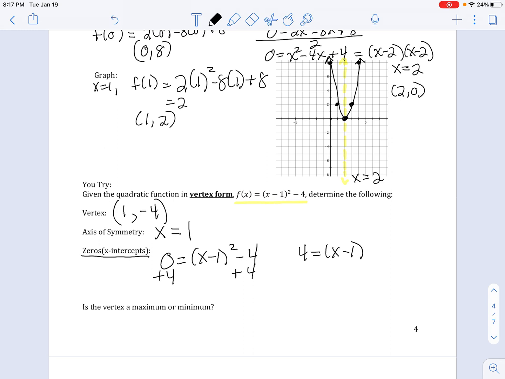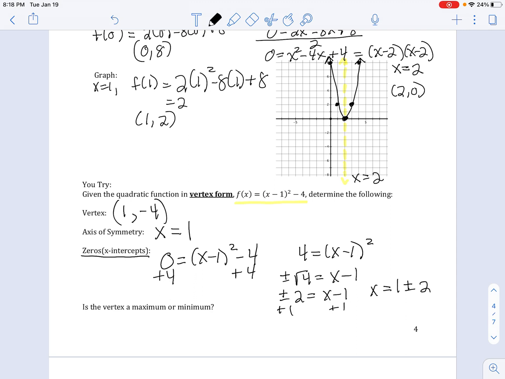And that's going to give me 4 equals x minus 1 squared. I'm going to square root both sides. So plus or minus the square root of 4 equals x minus 1. That's plus or minus 2 equals x minus 1. And so x equals, I'm going to add that 1 to the other side, 1 plus or minus 2.